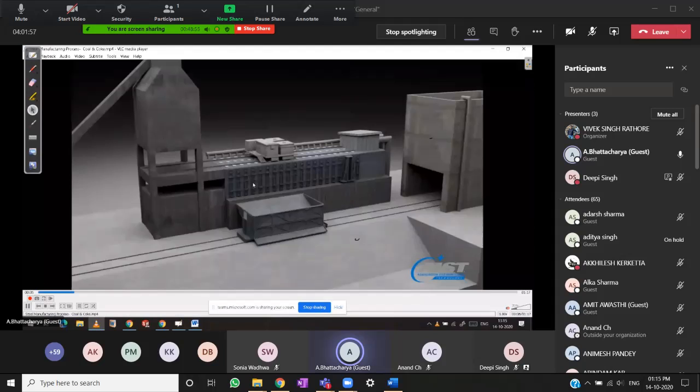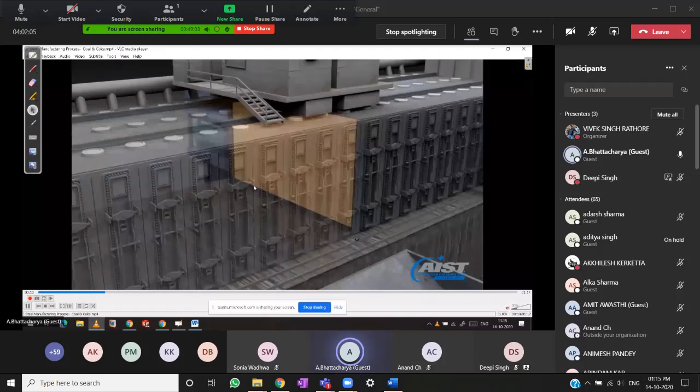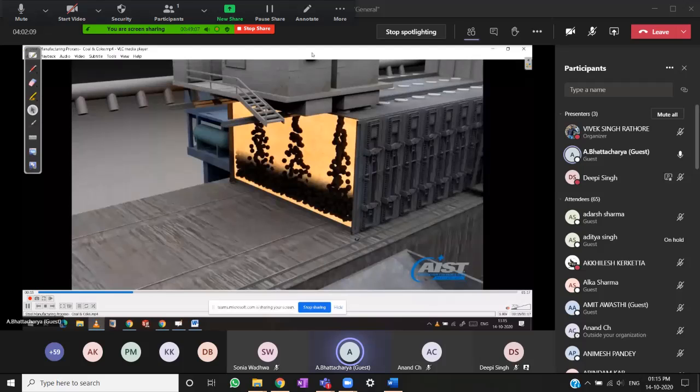You will understand when it shows the cross section. Now the coal is charged from the top into a closed chamber.